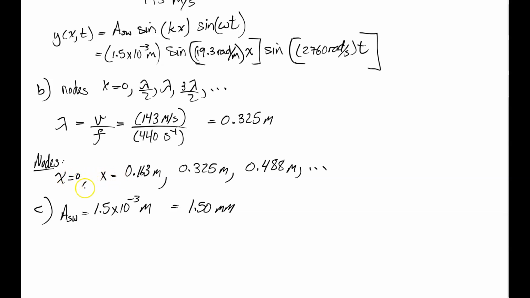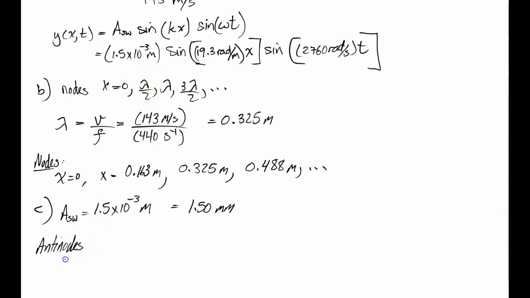So the antinodes would have a location of, instead of between lambda and lambda over 2, lambda over 4, and so on.